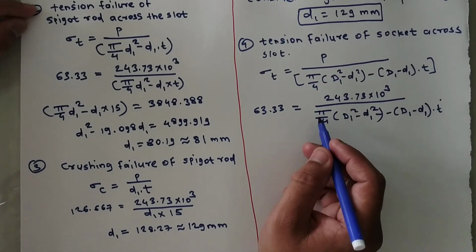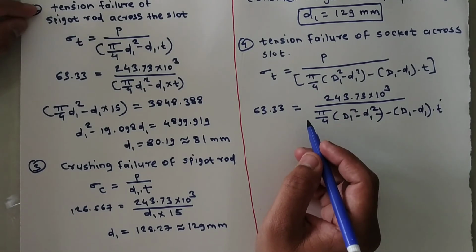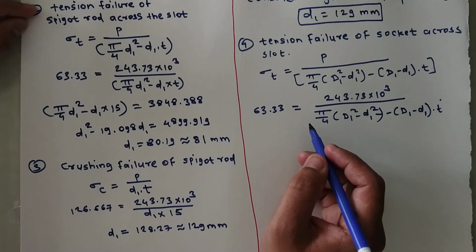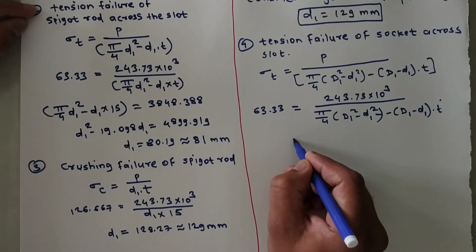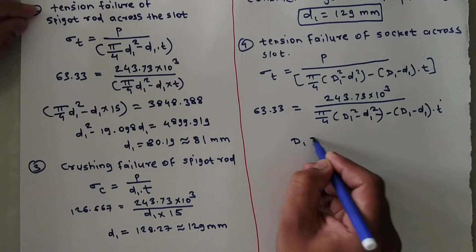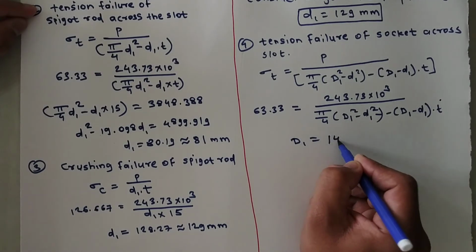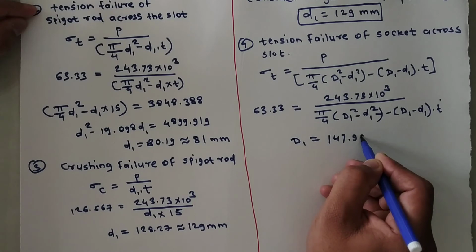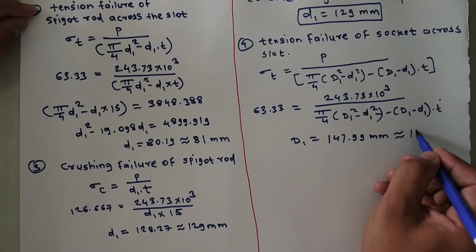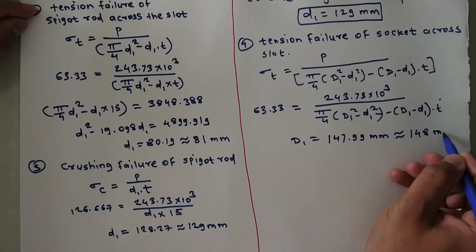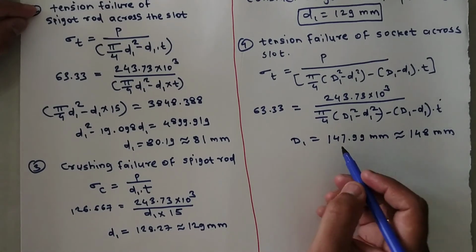So taking this term to this side and solving the equation, we get D1 as 147.99 mm. So it is 148 mm, we consider.